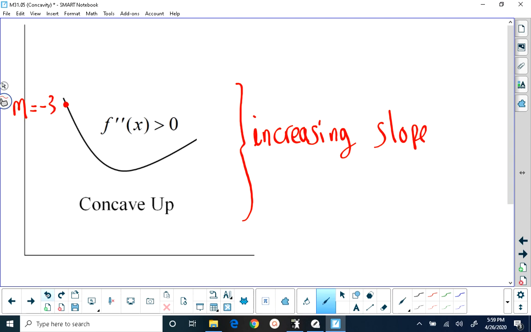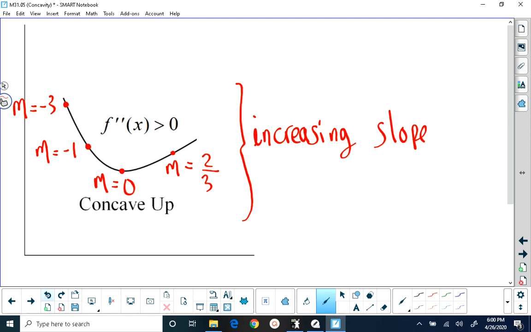I'm going to put a point here, and I'm going to estimate the slope here to be -1. If I put a point at the bottom where there's a minimum, we know the slope is 0 there. And I'm just going to estimate the slope here to be 2/3. I want you to notice that as you go from left to right, the number that represents the slope is getting larger.